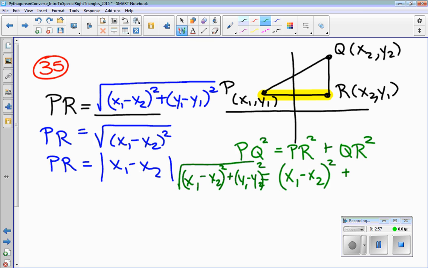And over here we'll do QR. QR, you'll find, will be very similar. Can't you just count up? So when you subtract the x's, what do you get? You get 0. So this one is just going to be y2 minus y1, just like this one was, squared. That's all they wanted you to do, just plug and chug. Okay, don't worry too much about that.